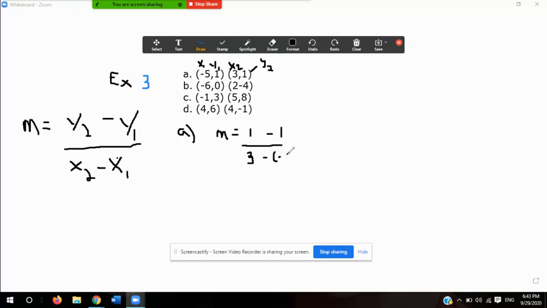So then you have 1 minus 1, which is 0, and 3 minus -5, which is 8, so that would be 0 over 8, and 0 over 8 equals 0. So if m equals 0, the line is horizontal.